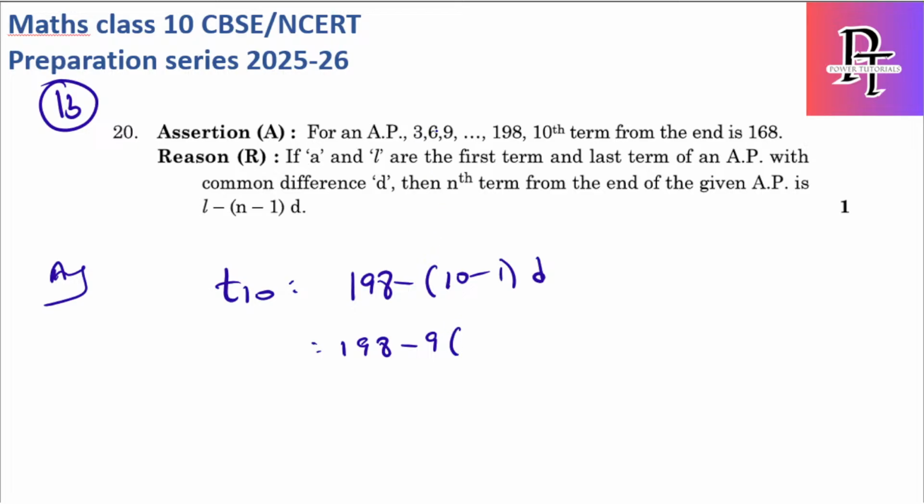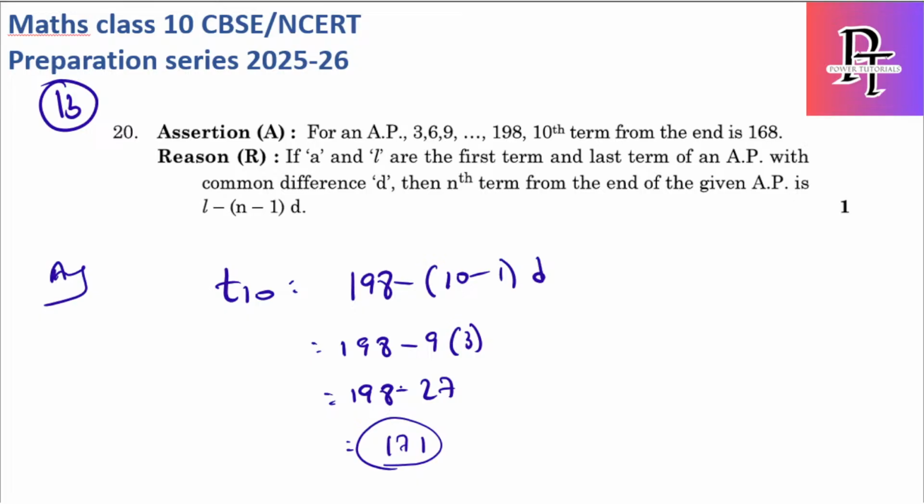Here the d is plus 3, so this is 198 minus 27, so this is not satisfying because 171 should be the value, but what they have mentioned is 168 as the last one.